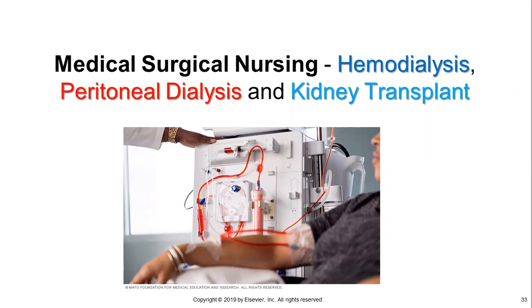So dialysis is a treatment that filters and purifies the blood using a machine. This machine is called a dialysis machine, and this helps to keep your fluid and electrolytes in balance when the kidneys cannot do their job.